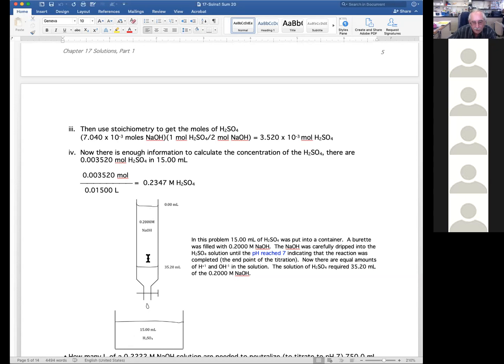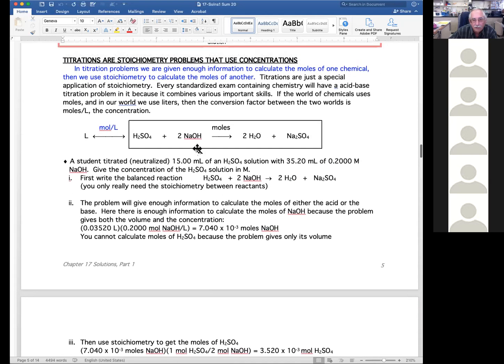This would be a high pH. If I put a pH meter in here, I would be measuring a low pH. Then I'm dripping this in, and the pH starts to go up. And how do I know when the reaction is over? It should be pH 7. So I hit pH 7 after I had put in 35.20 milliliters of the base. So I had to put in 35.2 milliliters of this to neutralize this. Make sense?